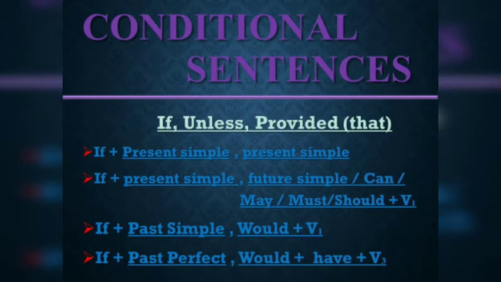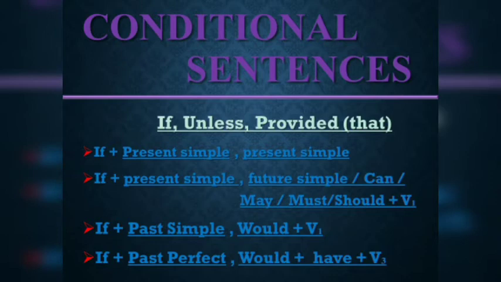So in order to make it clear, I'm going to give you a few examples. The first sentence is, if it stops raining now, I repeat, if it stops raining now, I will go to the market.